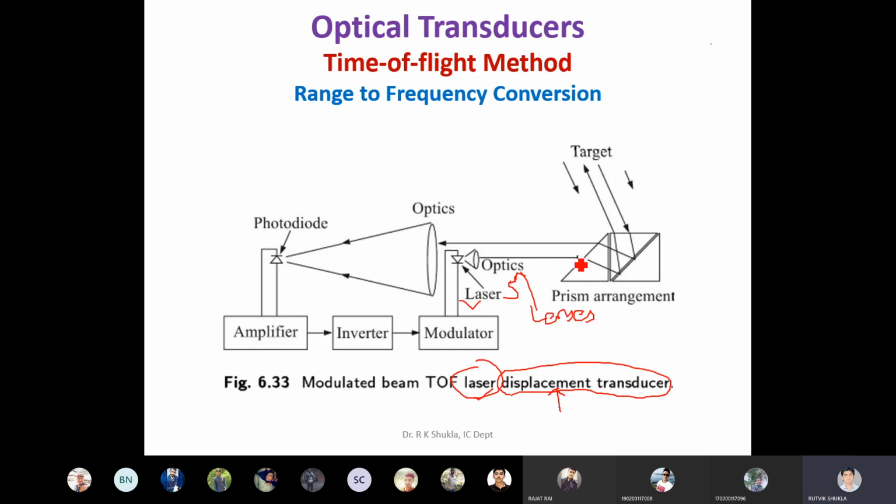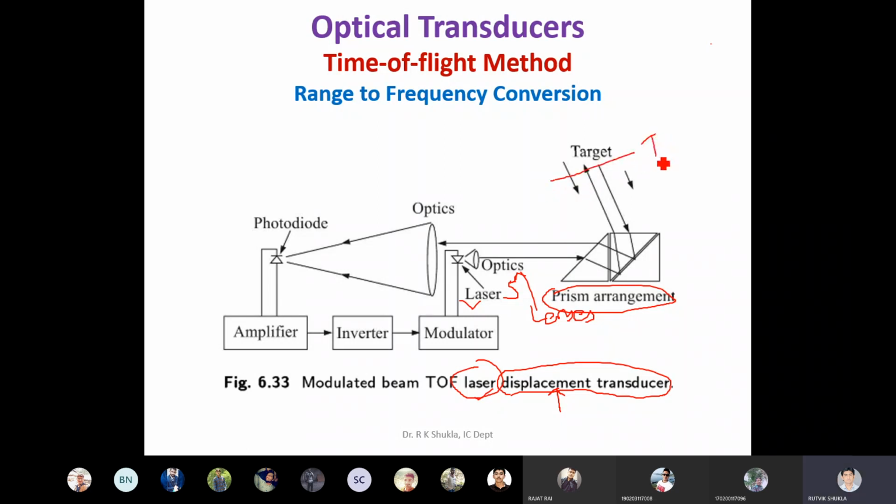Then it goes to the prism arrangement. These prisms allow the beam to move in a particular direction. With the help of the prism, you can change the direction of the beam without any attenuation. So from here it strikes here, then it goes like this. This is the direction in which your target is placed.